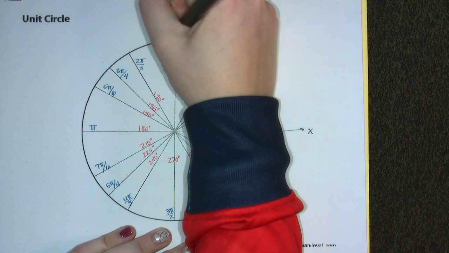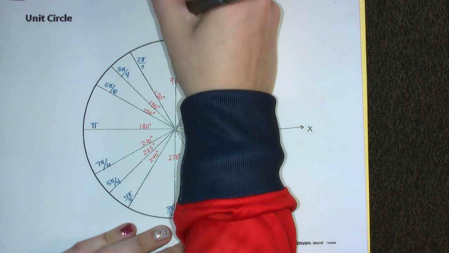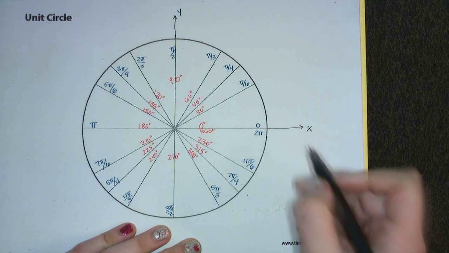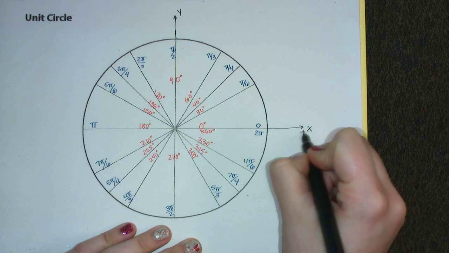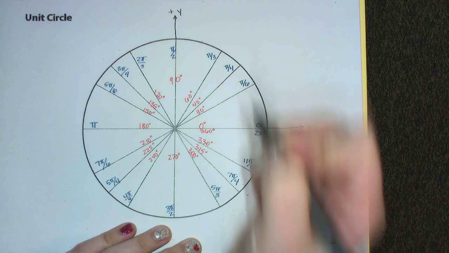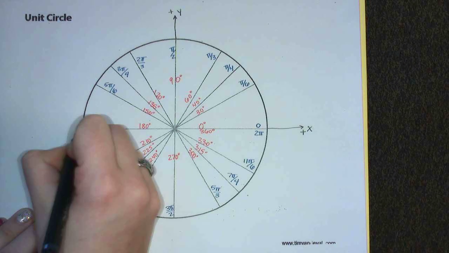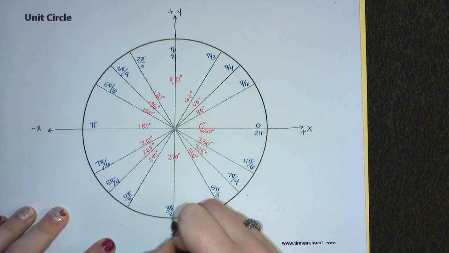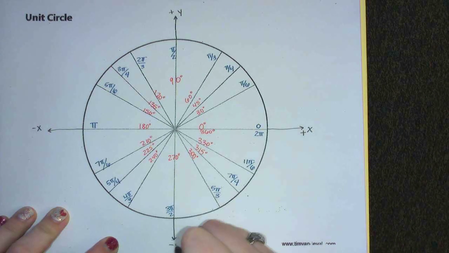And then the y-axis, and notice this is positive x, positive y, and then on the other side, negative x, and at the bottom, negative y.